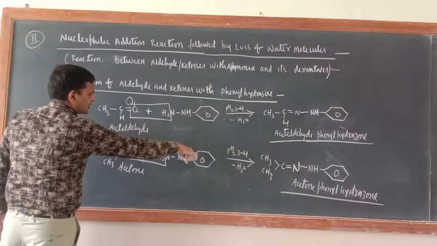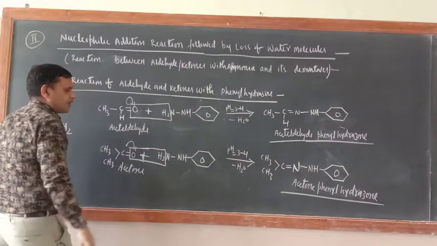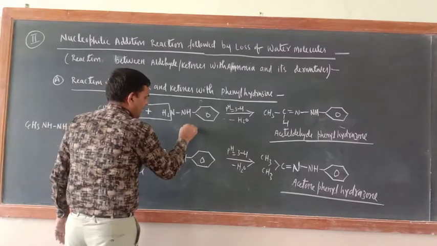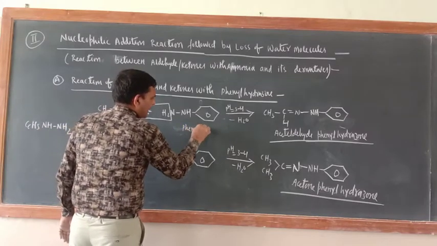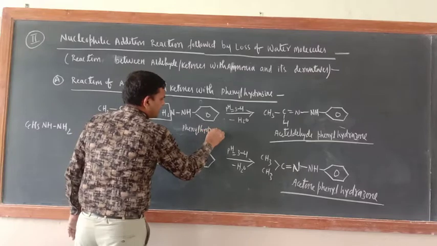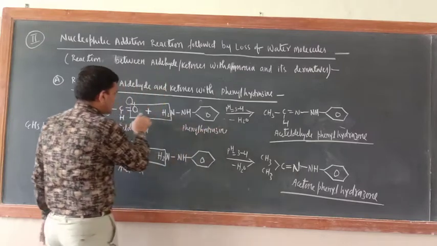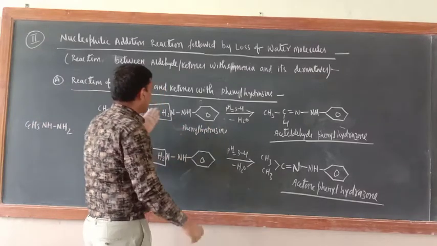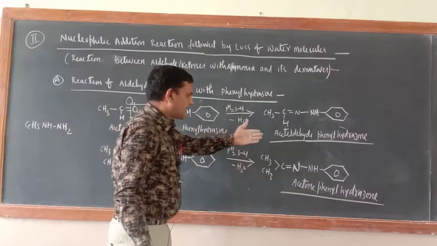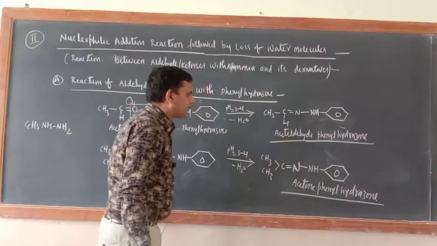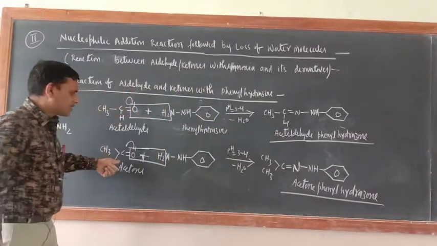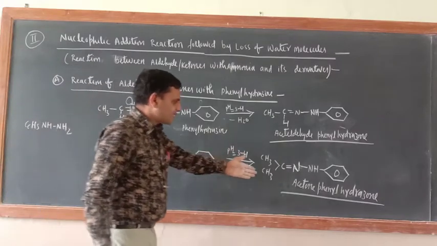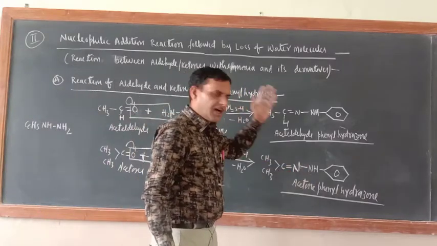Instead of C6H5 I made a benzene ring here. This is phenyl hydrazine. Just set it so that one H2O comes out, rest everything you add. So what is the name of this one? Acetaldehyde phenyl hydrazone. This is acetone phenyl hydrazone.